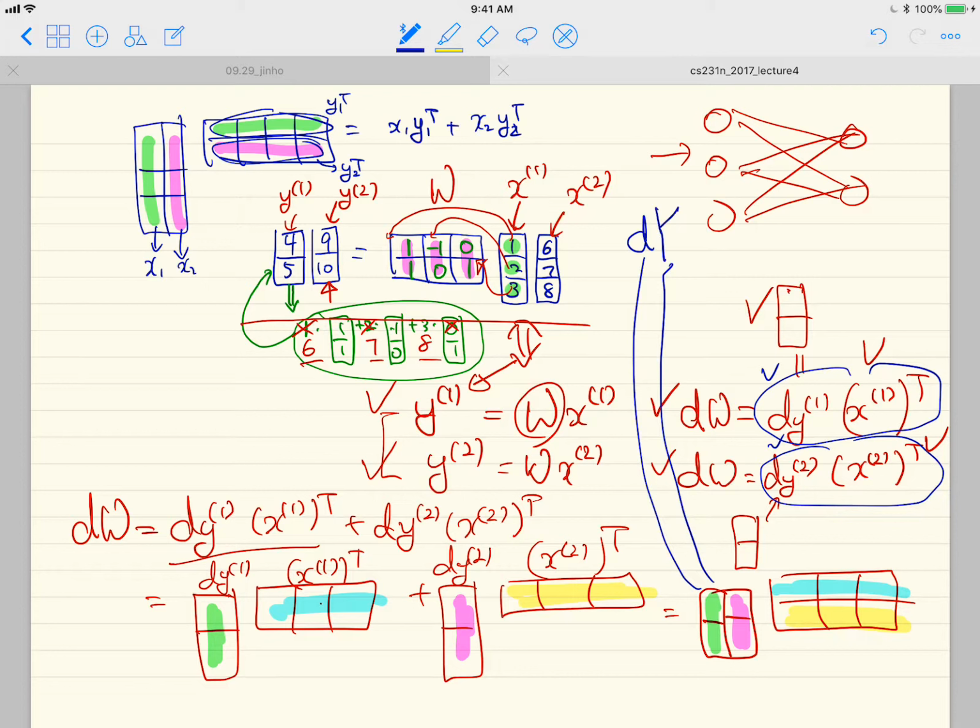dy and x transpose, where this y has the columns of the gradient coming from each data item like this, and then the matrix x, so we shouldn't have d over here.